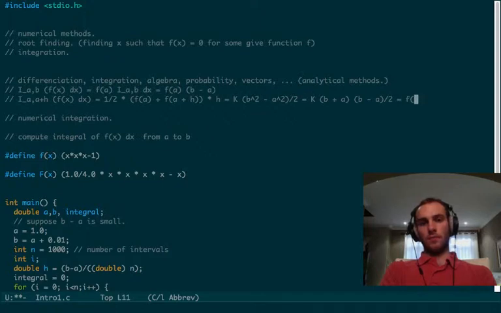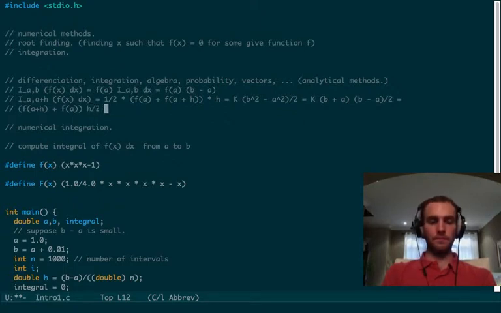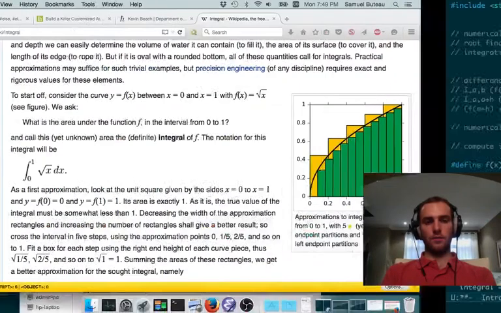And so you get f of a plus h plus f of a times b minus a over 2, which is just h. Right, so we arrive at the same thing. That's good.